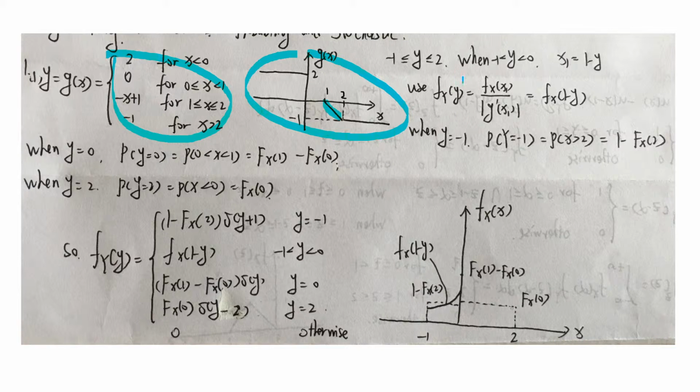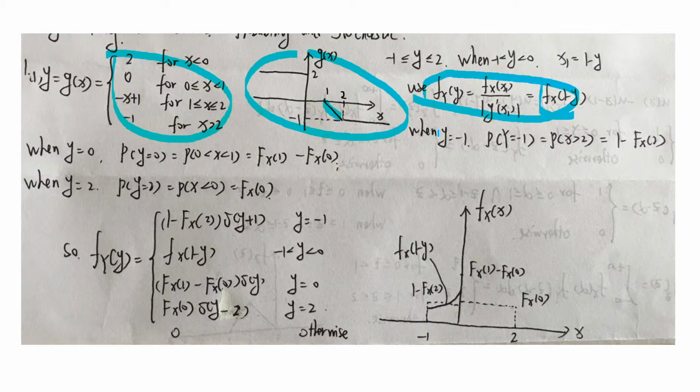So we can use this formula to find out what f_Y(y) is, and x1 equals 1 minus y, which is the root of y equals g(x) here. So we can simply apply this formula to find the probability density function for this circumstance, which would be f_X(1 minus y) here.